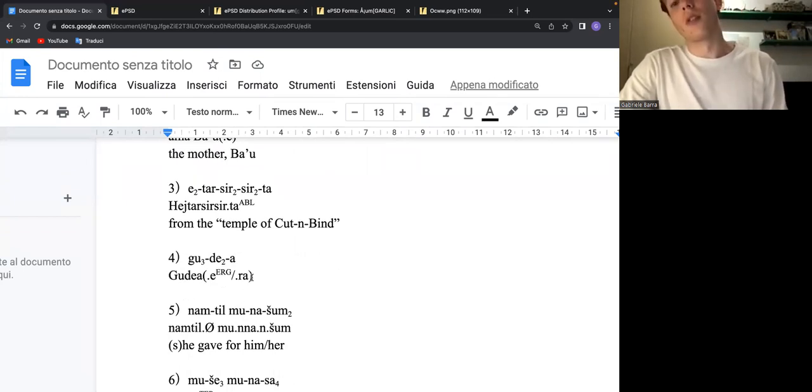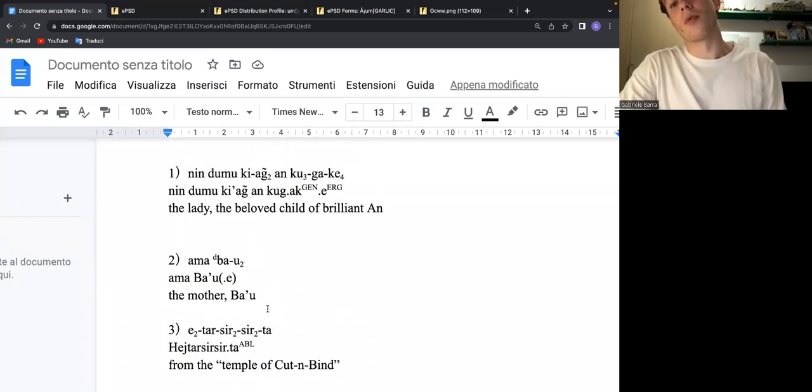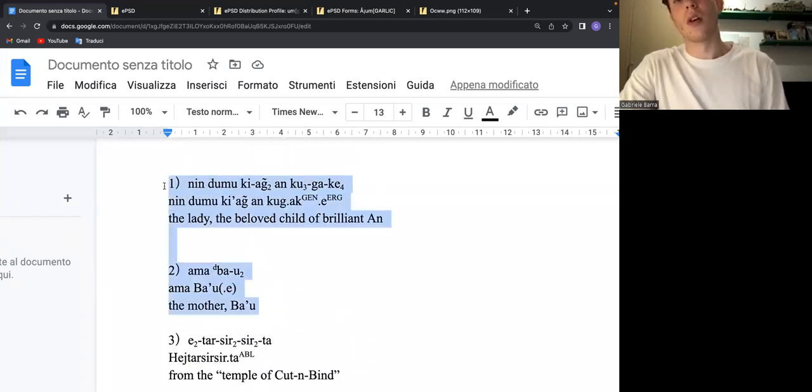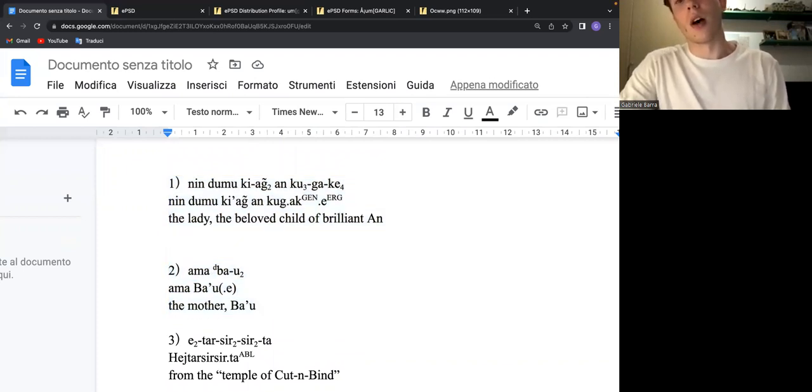And the Gudea is without a clear grammatical case marker, but we do have a na here, and we also have a subject, supposedly, which includes and encompasses these 2 lines.